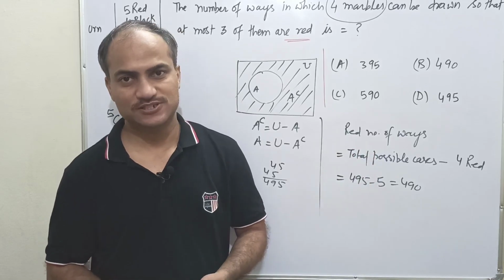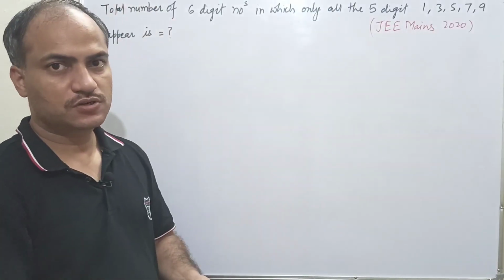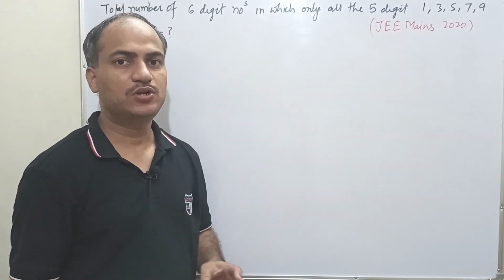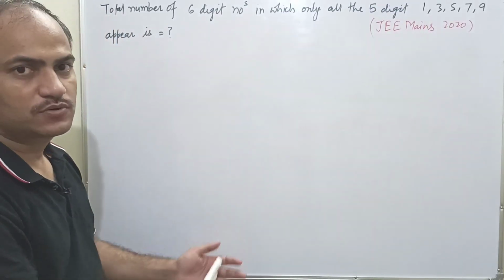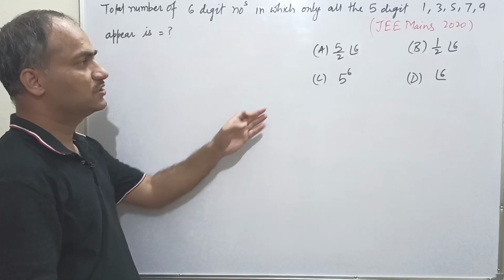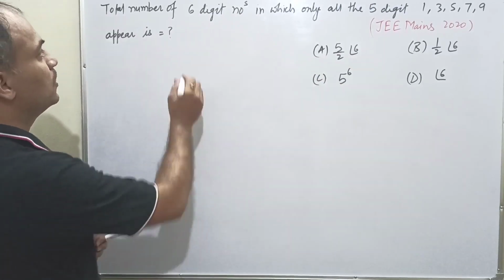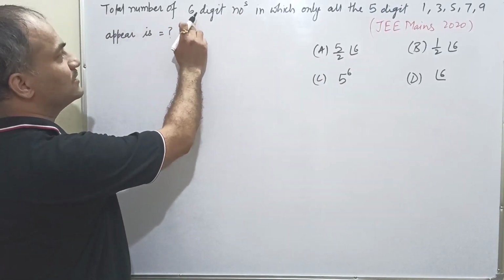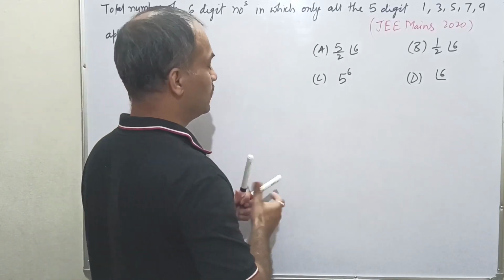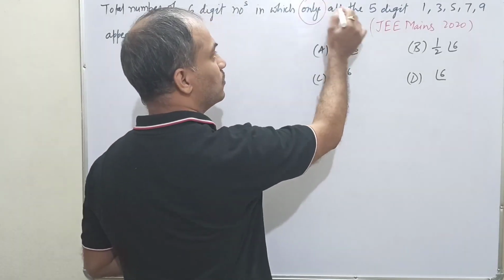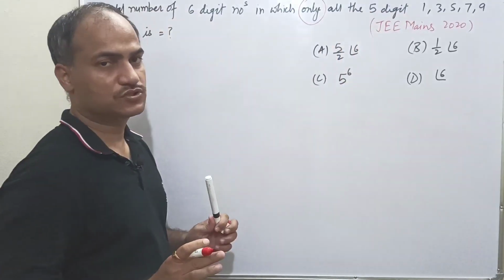Now let us see the next question. The previous question also came in the JEE Mains 2020 examination, and this question is also from JEE Mains 2020. These are the 4 options. Here we have to make 6-digit numbers, but remember only 5 digits are to be used.